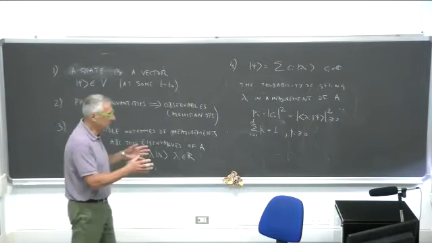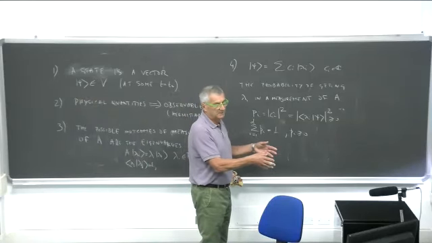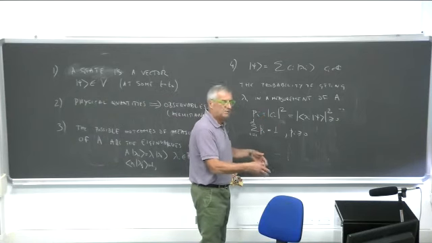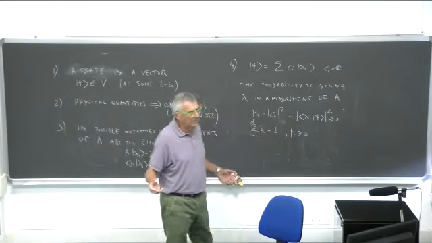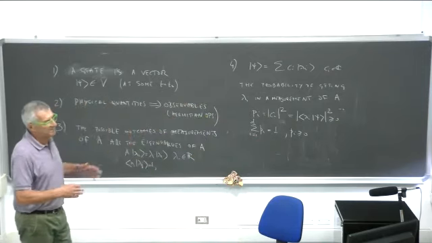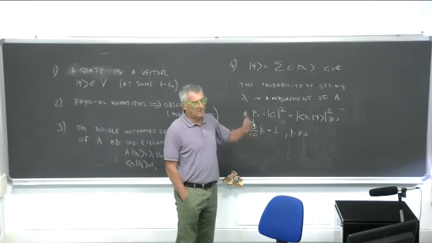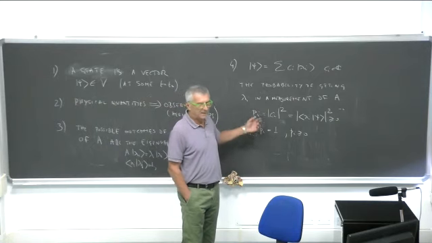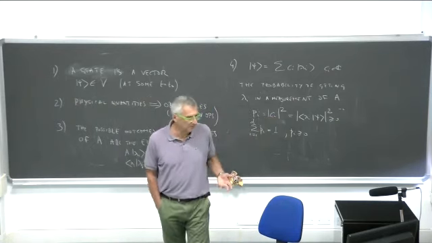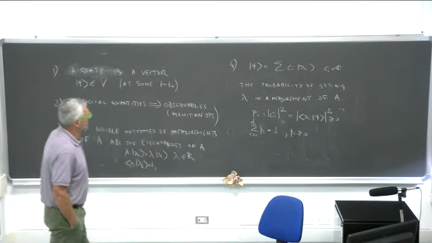So you have your system in the state psi, you make a measurement of A. Then take another copy of the system in the same state and you make another measurement and so on. When the number of measurements becomes very large, you define the probability by the frequency with which the eigenvalues appear in your sequence of measurements.